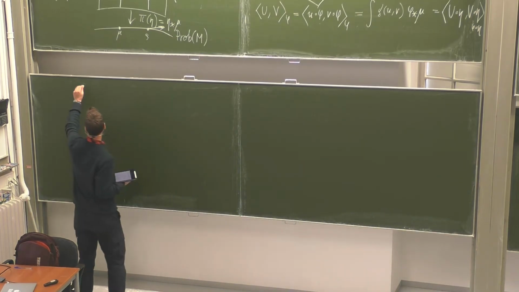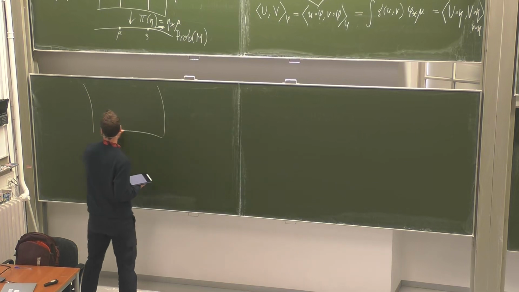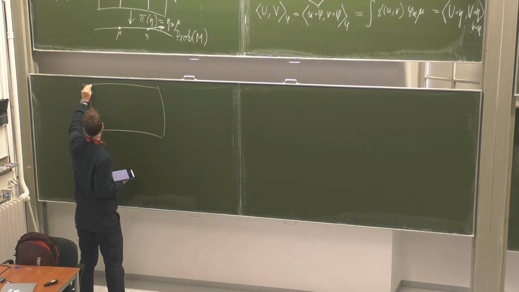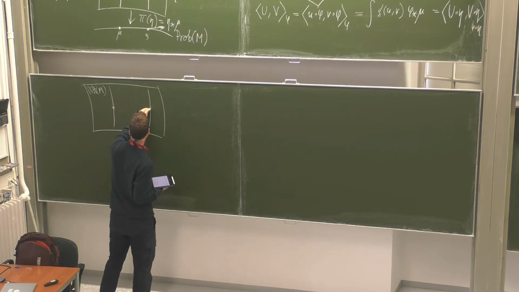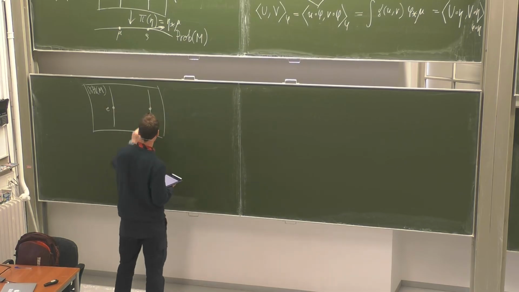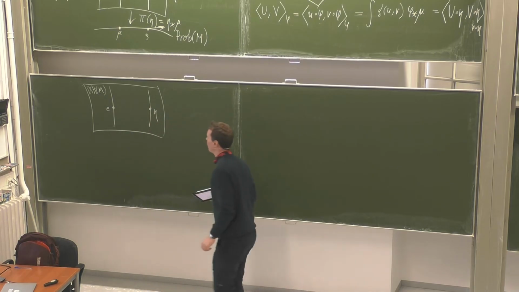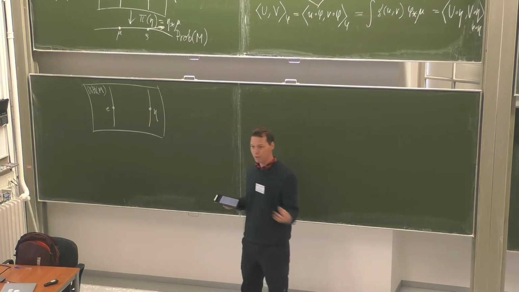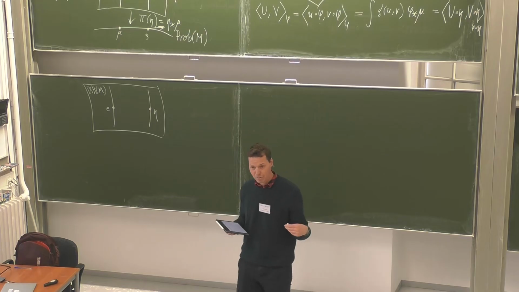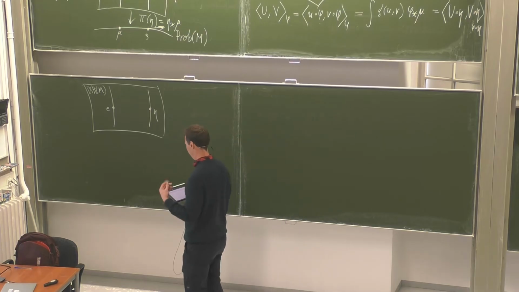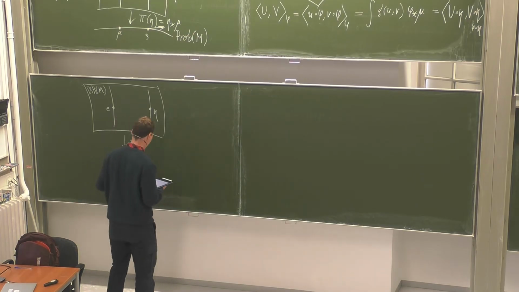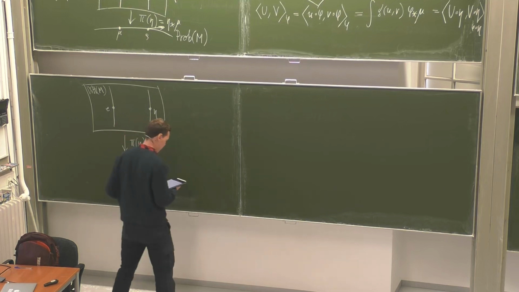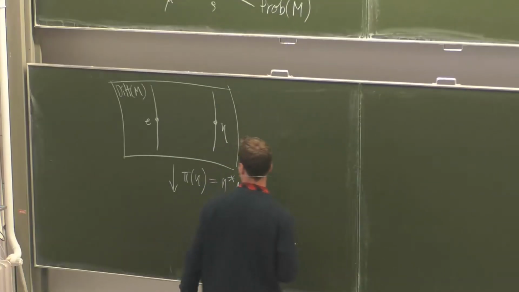So let's draw the same picture again, a fibration like before, except now I'm taking the projection, the quotient, from the other direction. So now I'm taking the quotient from the left, which means I have right cosets. The projection pi of eta is given by the pullback of the reference volume.